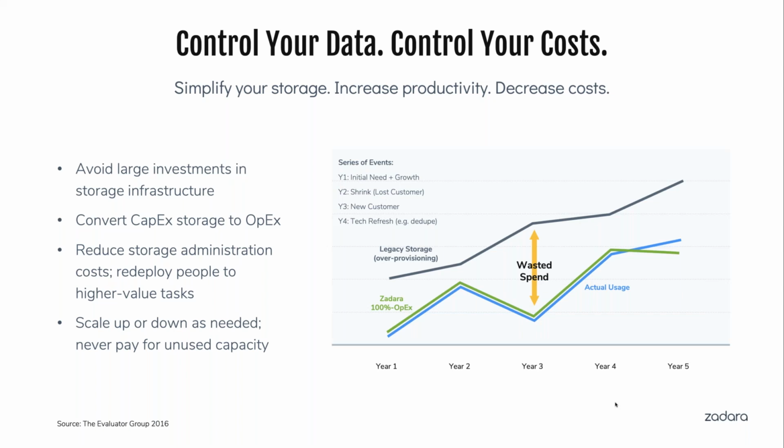We touched on this before, but this is a terrific chart. Howard, you talked about growing and shrinking, and the idea of not wasting any money on storage you're not using. Those savings really add up over time. Whatever your needs might be, we know over-provisioning is a big part of what legacy storage is all about.